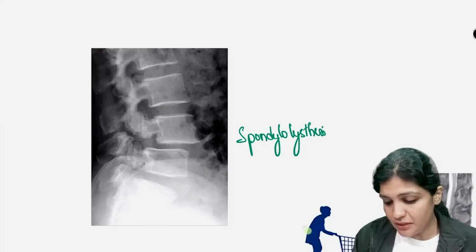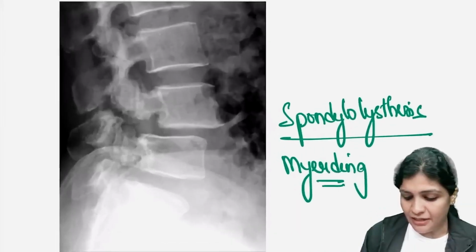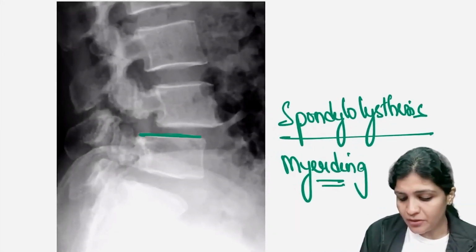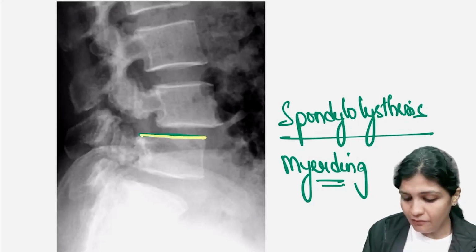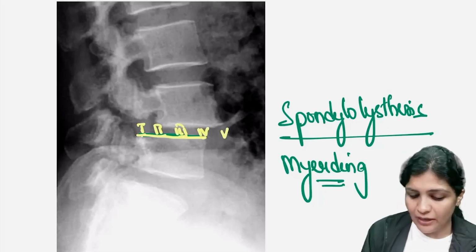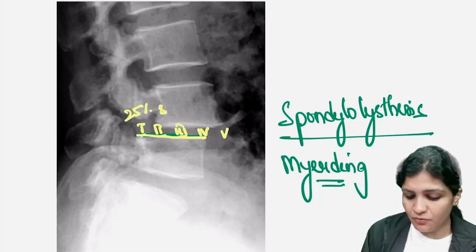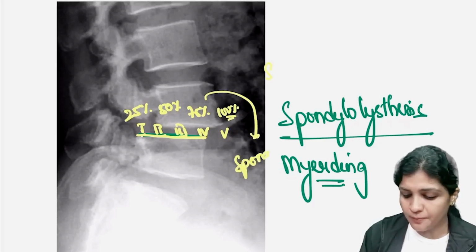What is the classification name for spondylolisthesis? This is called the Meyerding classification, and it is in relation to the vertebra. You draw a line on the vertebra like this and divide it into 1, 2, 3, 4 and 5. Every 25% is one, then 50, 75, 100. If it is completely falling forward, then it is spondyloptosis.